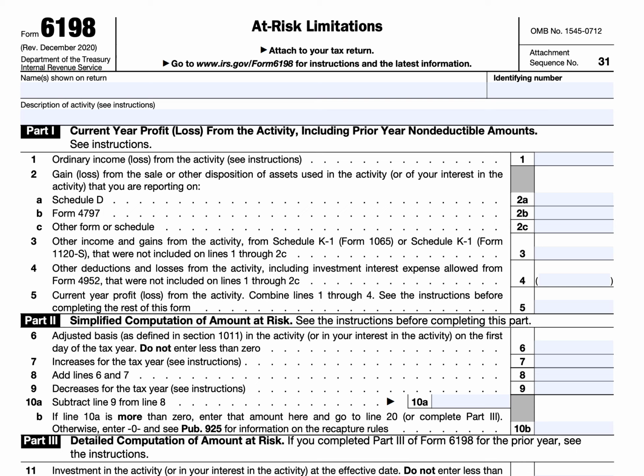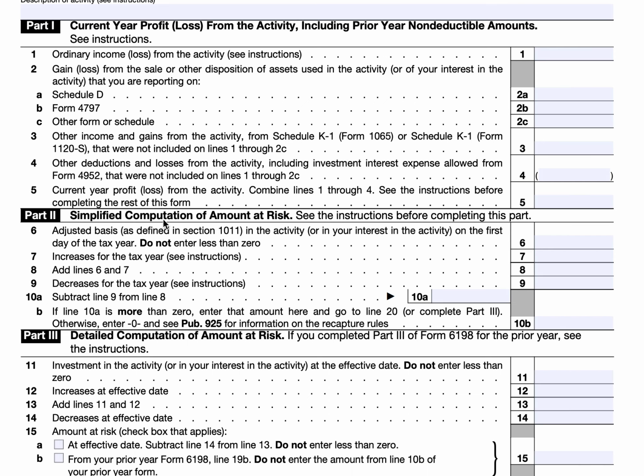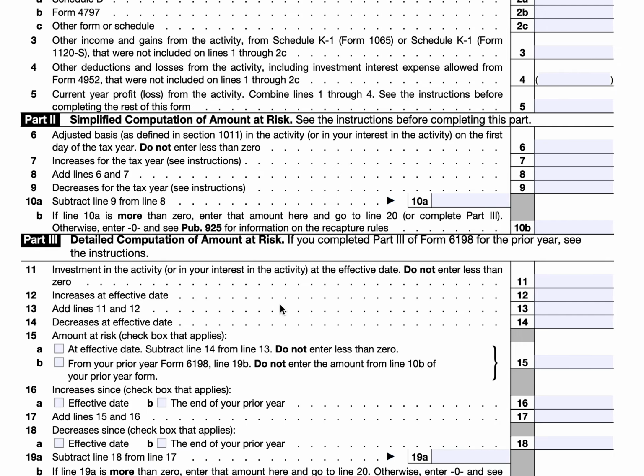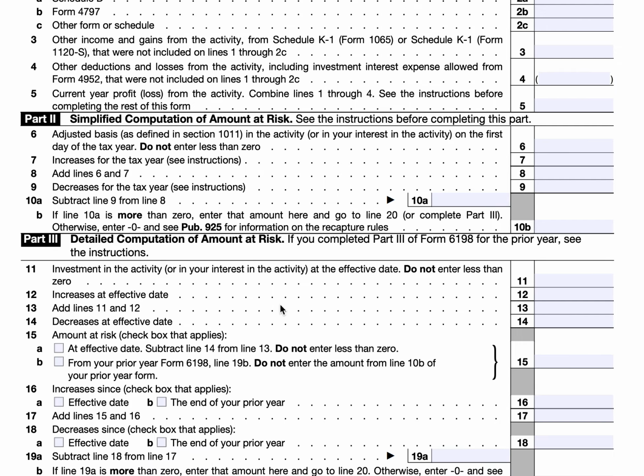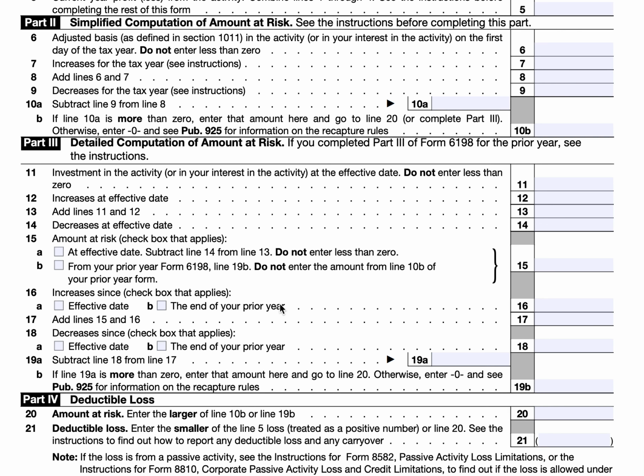The purpose of this form is broken down into these 4 parts. Taxpayers can use this form in part 1 to calculate your profit or loss from an at-risk activity, and then in parts 2 or 3, computing the amount at risk for the current tax year. So we'll get into that in just a moment.